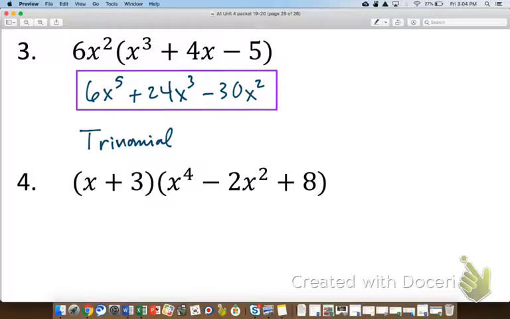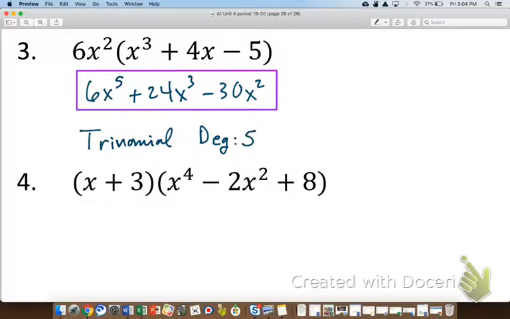Wait. 10? Where are you getting 10 from? I added the exponents. Oh, okay. So isn't she right that it has to do with the exponents? It definitely has to do with the exponents. So she added them all up. What should she be doing? Looking for the largest exponent. So what do you think the degree is? 5. Yep. So degree is 5.